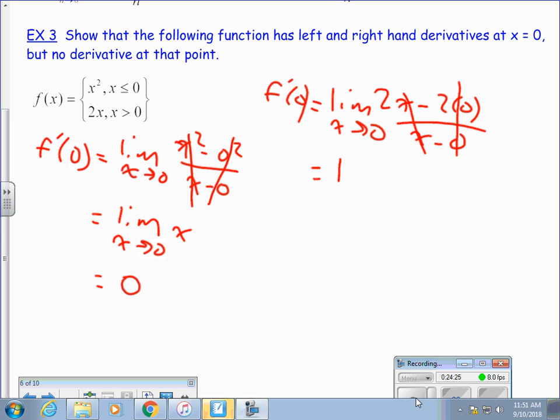That cancels. So I have the limit as x approaches 0 of 2, which is 2. So my left-hand limit and my right-hand limit are not the same. Therefore, the limit at 0 does not exist. Therefore, the derivative at 0 does not exist for that function.